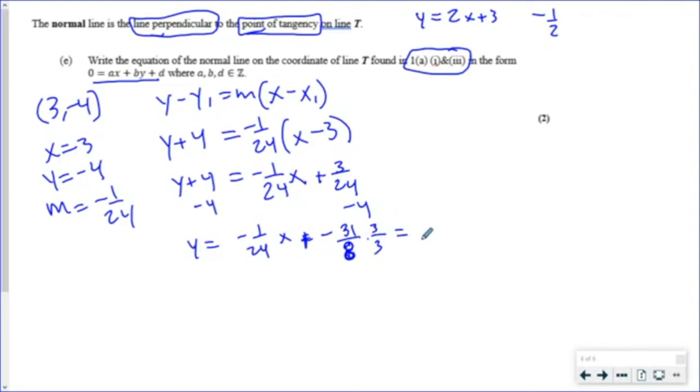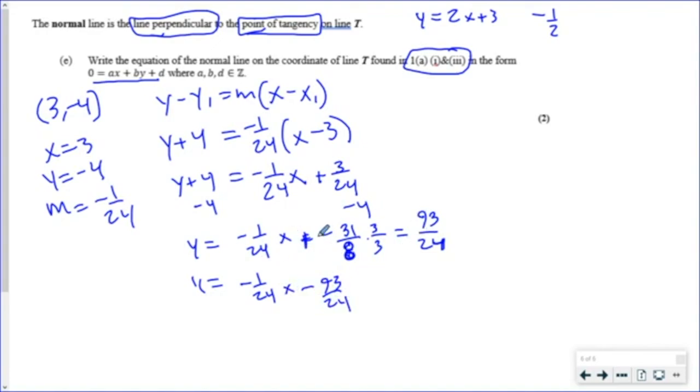So I'm left with 24 over what? What's 31 times 3? 90, close, 93. So it's 93 over 24. So I'm left with y equals negative 1 over 24 x minus 93 over 24.